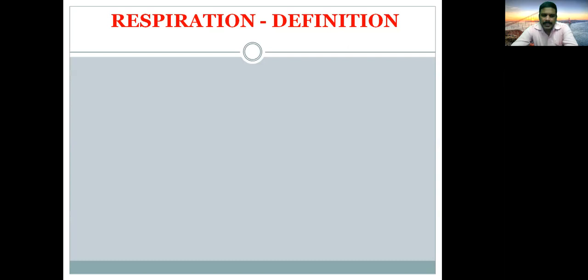So due to the various life processes, many unwanted materials, many useless materials, in other words, many harmful materials will be produced in our body as byproducts. And these waste materials, these unwanted materials have to be eliminated from our body. If they are not eliminated, they will become harmful to our body.